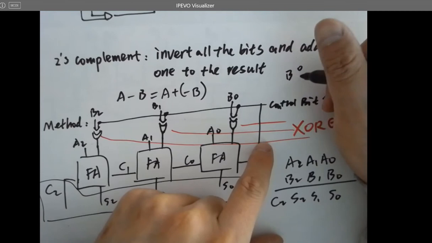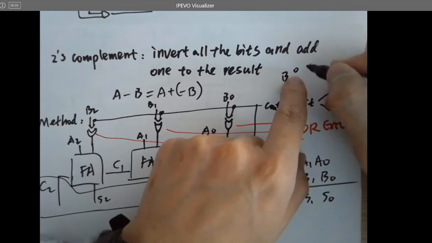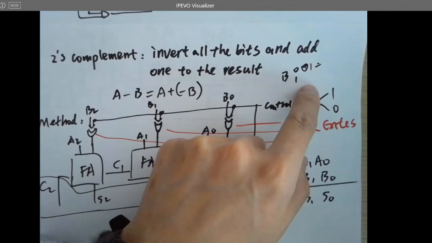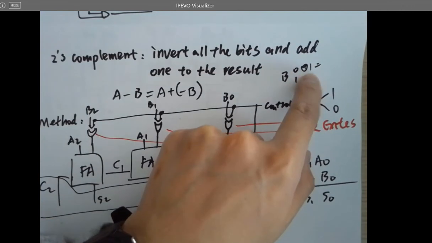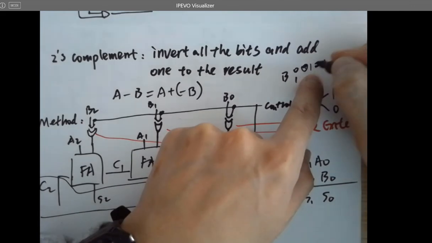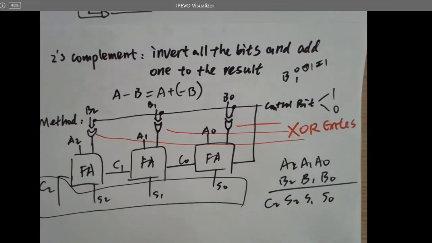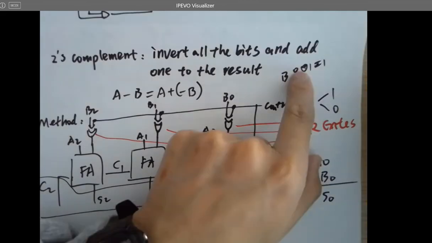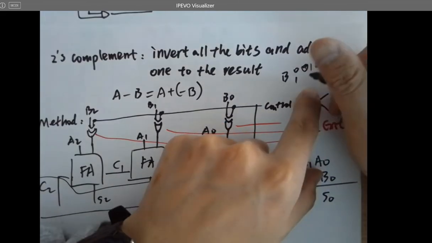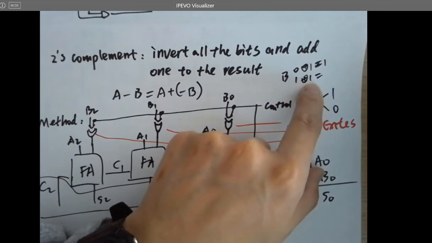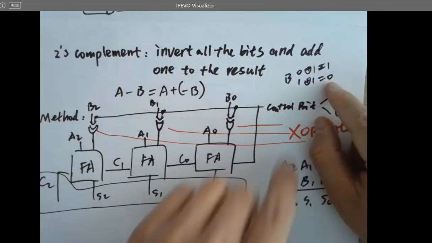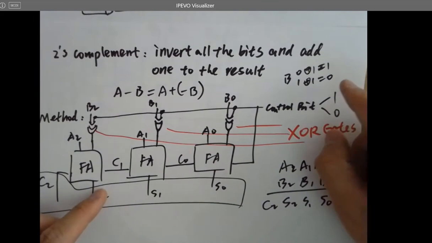If B is 0, 0 XOR 1, what is that? 1. Remember the function of XOR? If they're different, you get a 1. If they're the same, you get a 0, right? So XOR is detecting whether they are different. Different, 1. The same, 0. So it is inverting B.